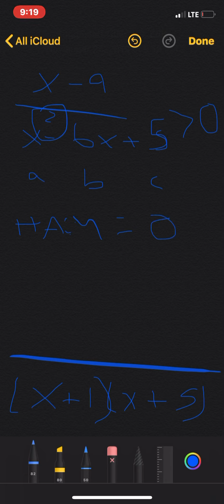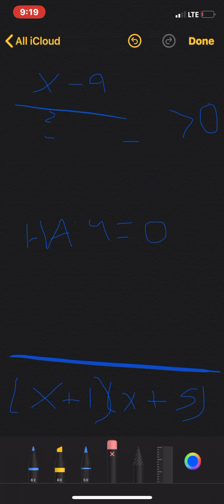That's our horizontal asymptote. It's a little bit messy, so I'm just going to rewrite it really quick. We have a horizontal asymptote at y equals 0, and we have our vertical asymptotes from the denominator, which we'll get to in just a second.